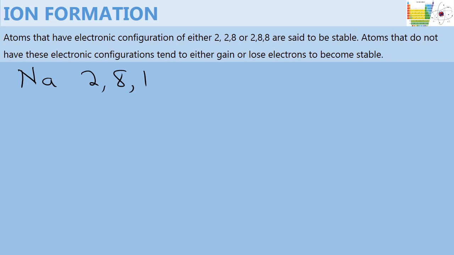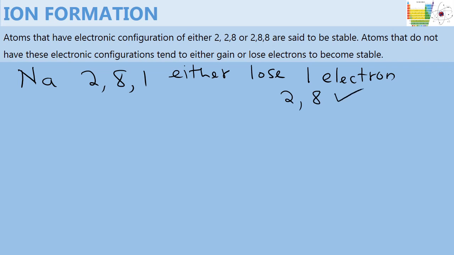Now, for sodium to become stable, it requires either to lose 1 electron, and therefore, since it has lost the outermost electron, it will just be 2, 8, and therefore this is a stable configuration.